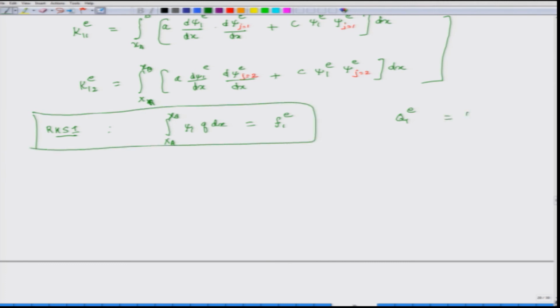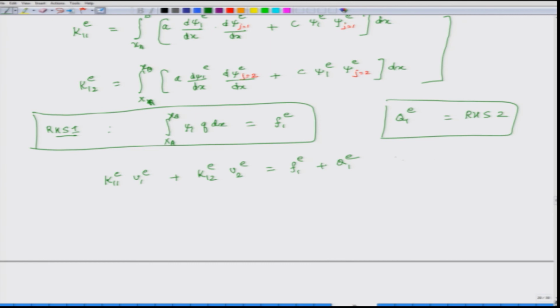and this is equal to RHS 2. So, my overall equation becomes K11E times U1E plus K12E U2E is equal to F1E plus Q1E. Agreed? Now, this is one equation.